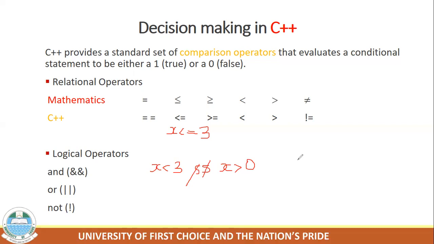You want to see if x ranges between this boundary. For OR, you use these two pipes. For not, you use your exclamation mark. All right. So let's move forward. That's decision making in C++.